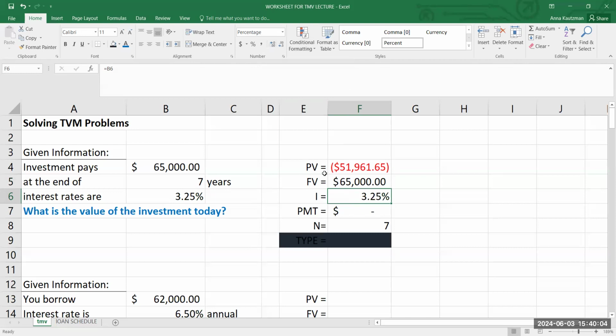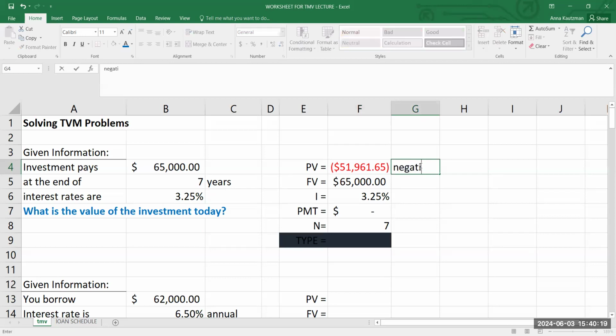Click that twice and it will display correctly. Second, notice the present value is negative. That does not mean it is a negative value. It is negative because it is a cash outflow to you.